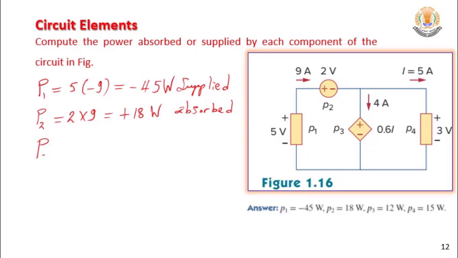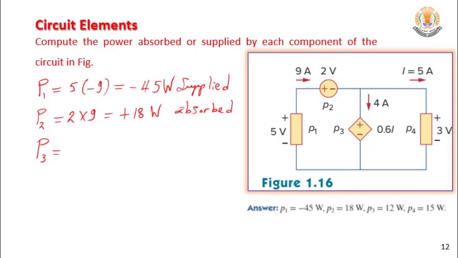B3. In the third element, the 4 ampere enters the positive. Okay? So the power will be positive or negative? Positive. So this one will act as a load. So here, what will be the voltage? Voltage, like the previous problem. Yeah, 3 volts.